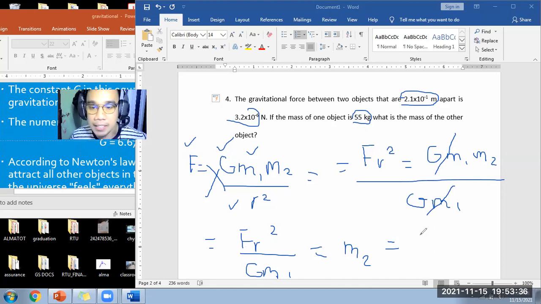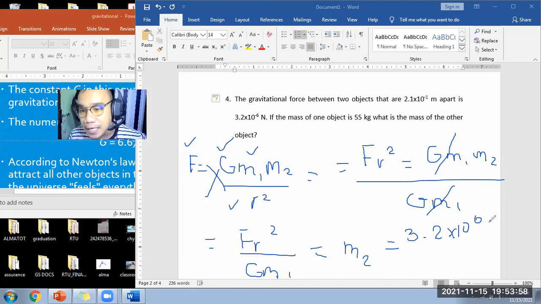So yun na. Apply na lang natin yung formula natin. So ano yung mga given natin? Ano yung F natin? 3.2 times 10 to the negative 6.